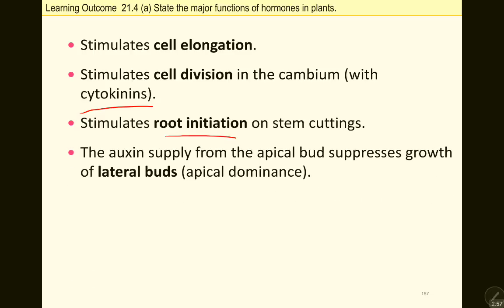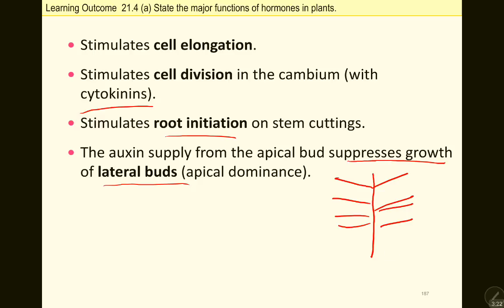Okay, the auxin supply from the apical bud suppresses the growth of lateral bud. This is called apical dominance. What does this mean, suppress the growth of lateral bud? Have you ever seen a plant with a lot of branches? This is called lateral bud.